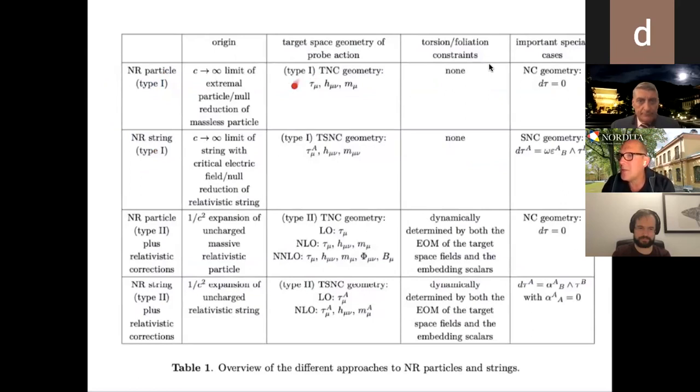One does not find any constraints on tau. If you take the type 2 perspective, then you often find, and that's quite interesting, that there are dynamically related constraints on the torsion. And they're typically determined by the equations of motion of the target space fields and the embedding scalars.